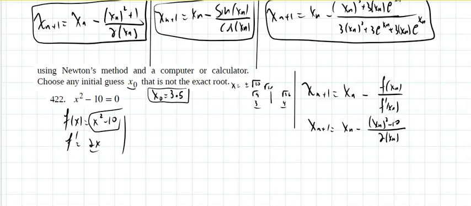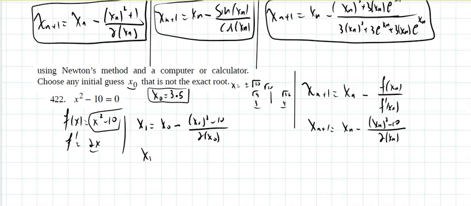So when I say let x sub 0 be 3.5, and you must choose an x, x sub 1 would be x sub 0 minus x sub 0 squared minus 10 divided by 2 times x sub 0.